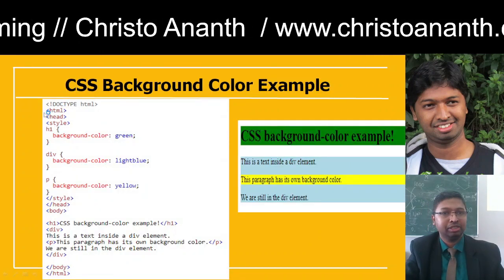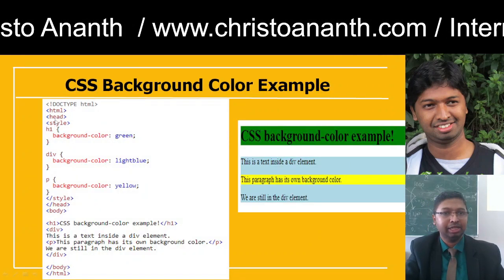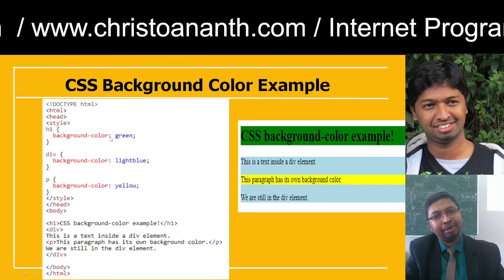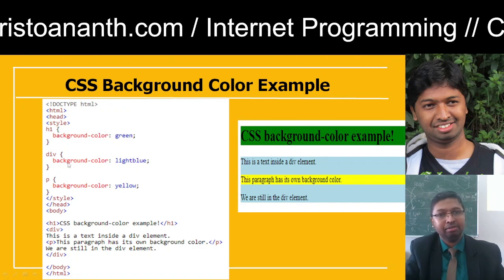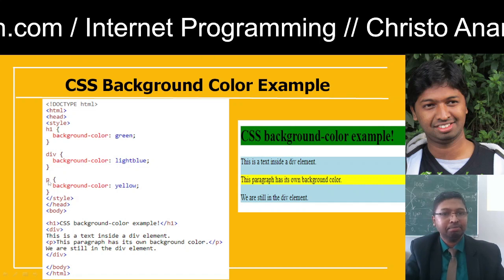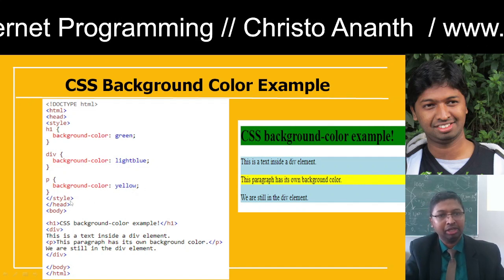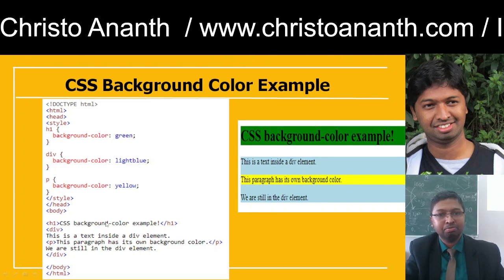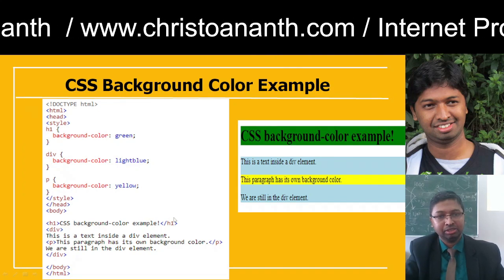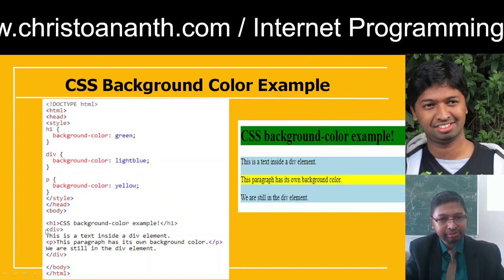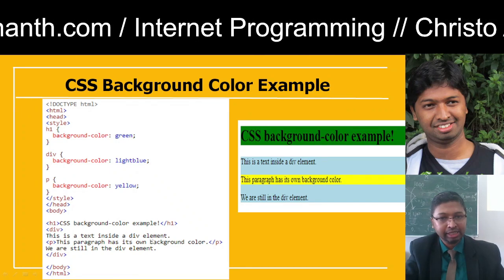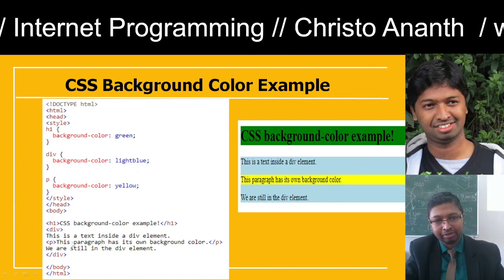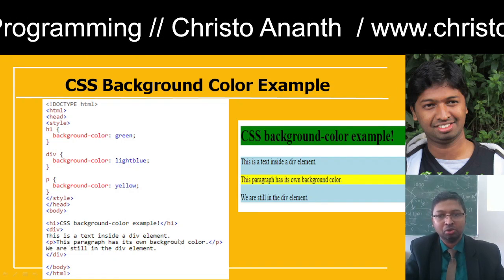For example, doctype HTML, head, style: h1 background-color green, div background-color light blue, and paragraph background-color yellow. Close the style, close the head, and then the body: h1 CSS background color example. Close the h1, then div tag: this is a text inside a div element. Then you start with a paragraph tag: this paragraph has its own background color.